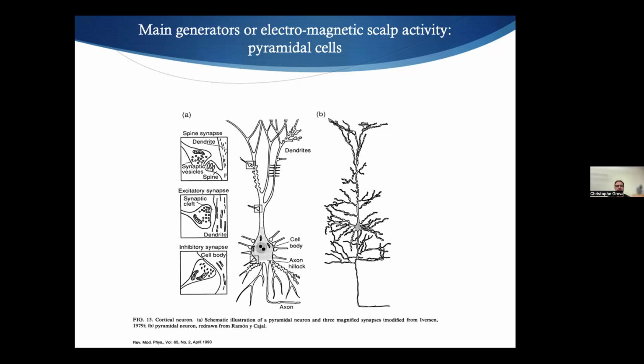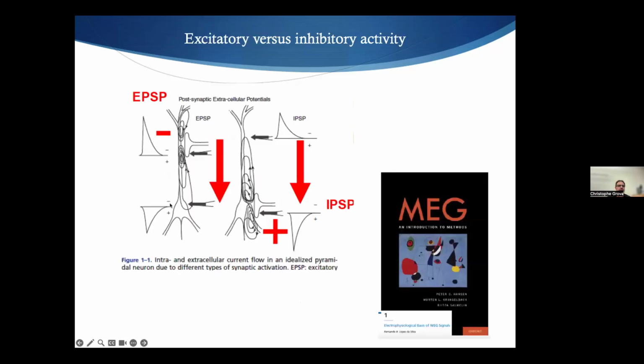And then when we look at those pyramidal cells, the excitatory synapse, so typically, let's say more glutamatergic, is going to be here on the apical side, and it's going to generate some negatives here, whereas the inhibitory synapse, more GABAergic, will be here and will generate a positive current here.